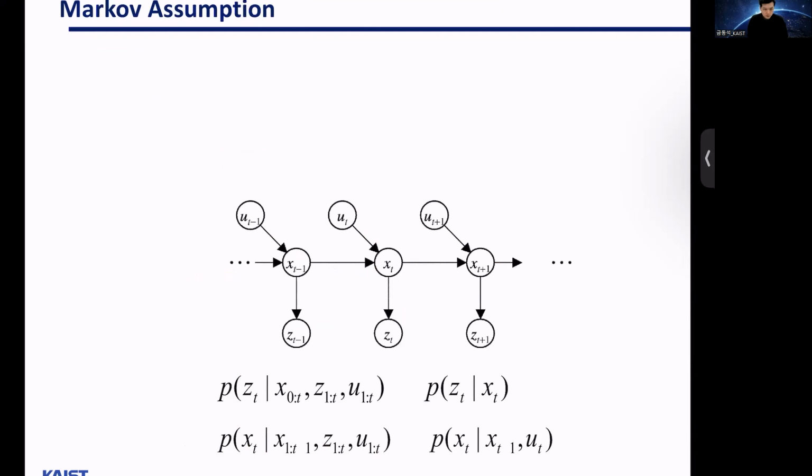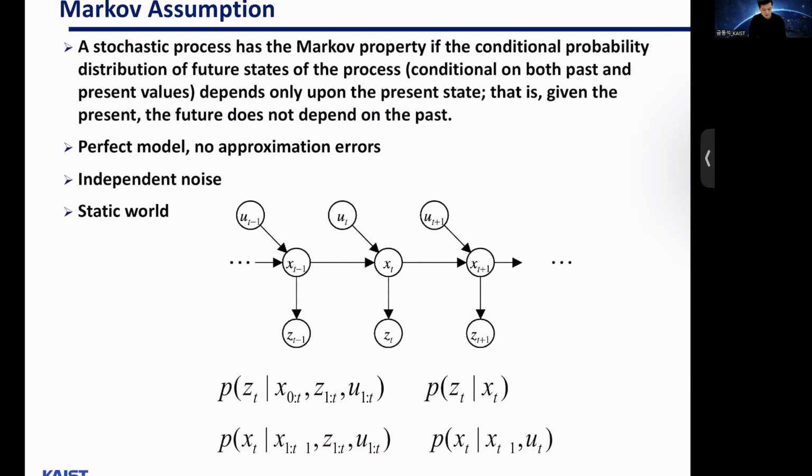And let's move over to Markov property. What Markov property states is that a stochastic process has the Markov property if the conditional probability distribution of future states of the process, conditioned on both past and present values, depends only upon the present state.